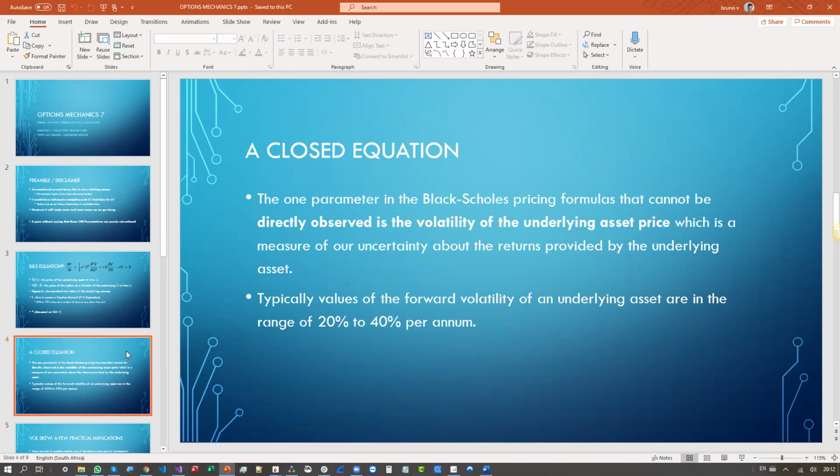And for those who don't like this way of approaching options, there are other ways to price options. That's a session I haven't done, maybe because it's not my major interest. But there is the binomial, or sometimes a more fancy model called the trinomial model, which is an open equation.